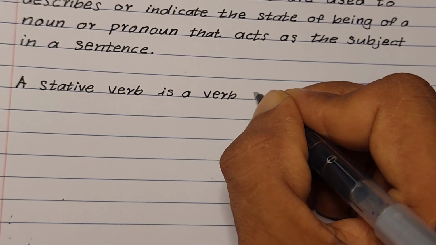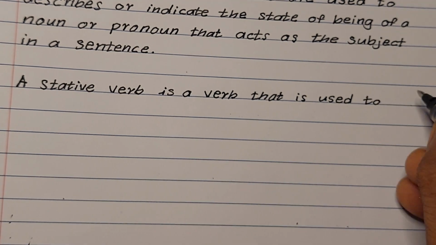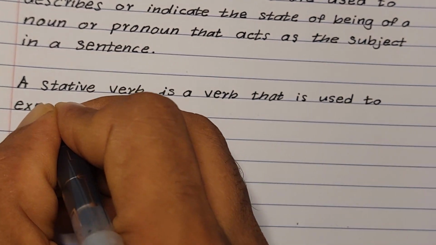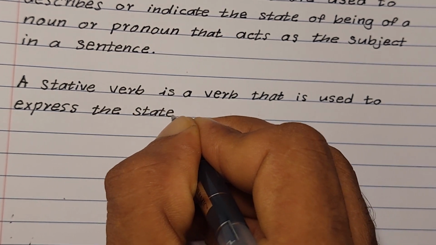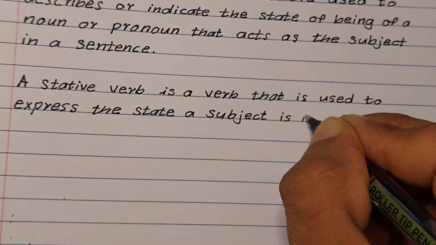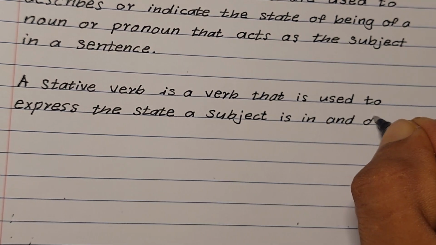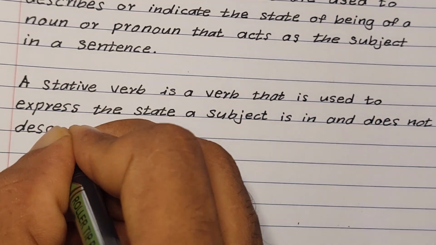A stative verb is a verb that is used to express the state a subject is in and does not describe an action.